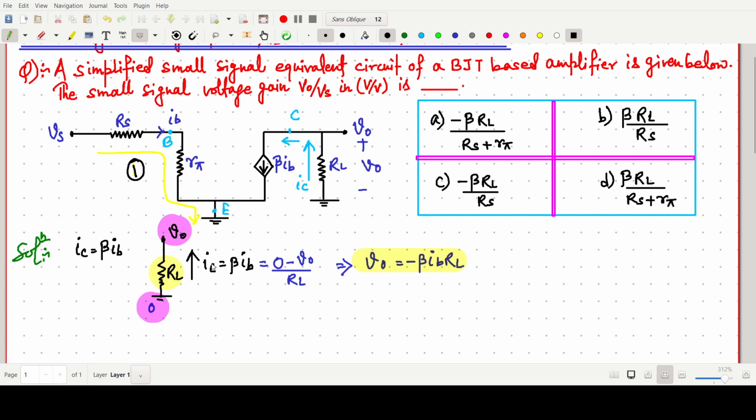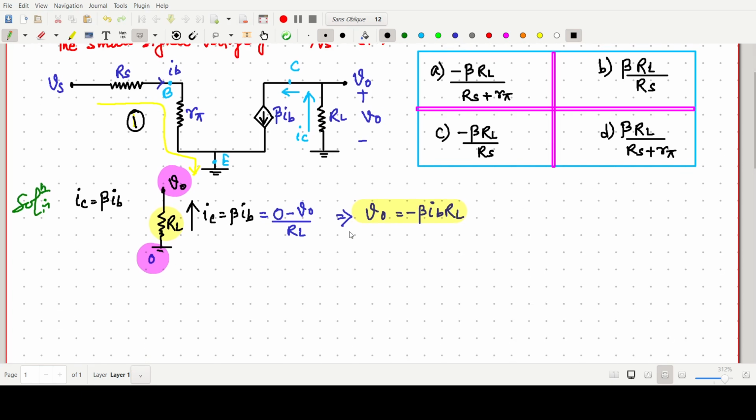By applying KVL in loop 1, it will start from plus Vs, so one can write plus Vs minus IB RS, because this current is the IB current.